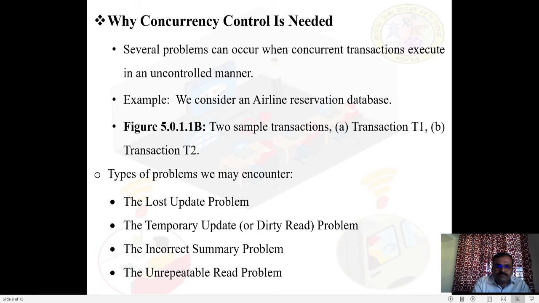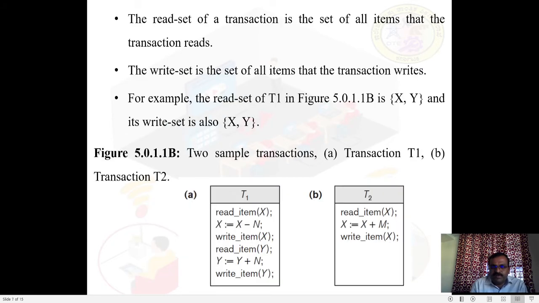For example, in this diagram, transaction T1 transfers n reservations from one flight, whose number of reserved seats is stored in the database item named x, to another flight whose number of reserved seats is stored in the database item named y.